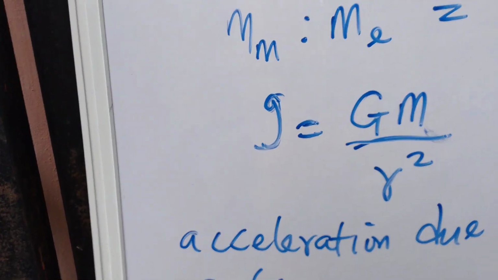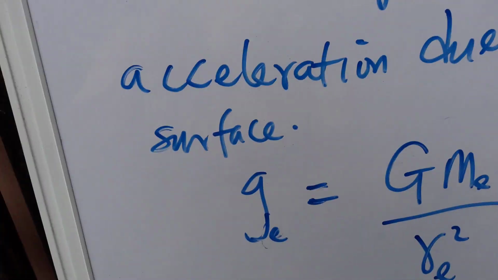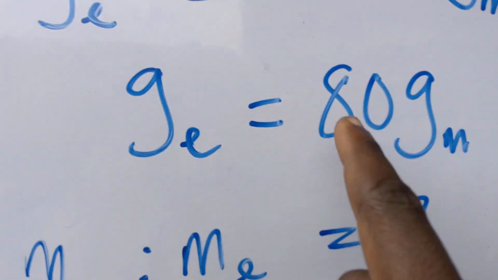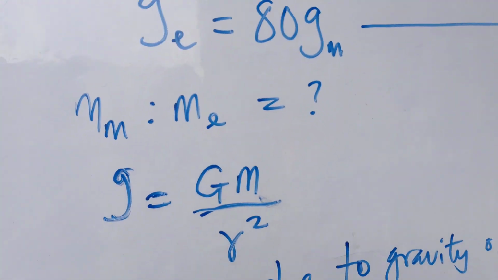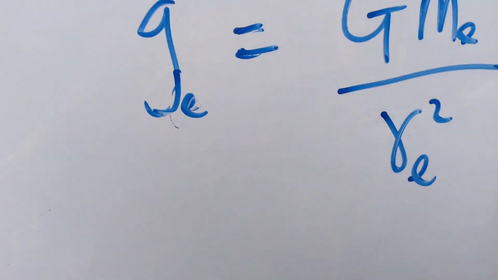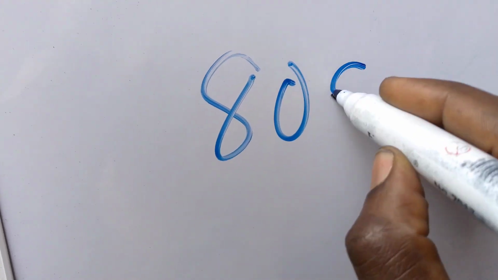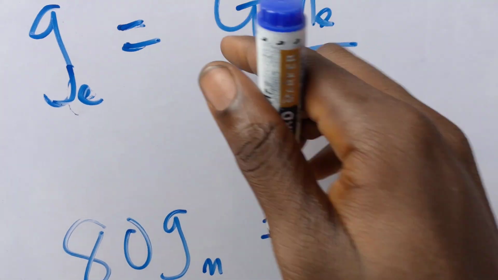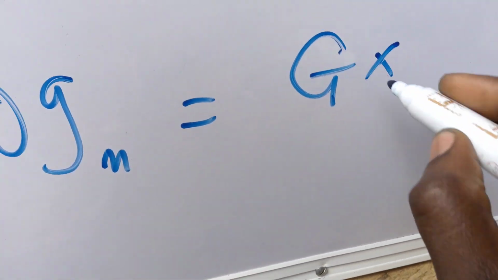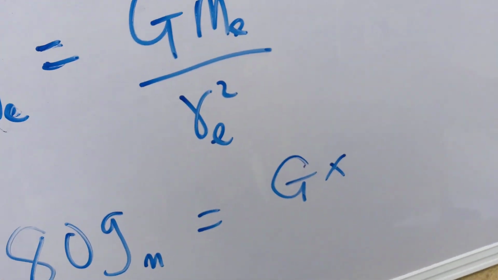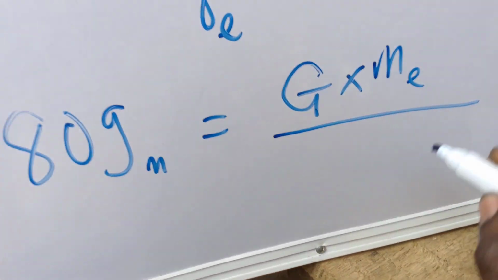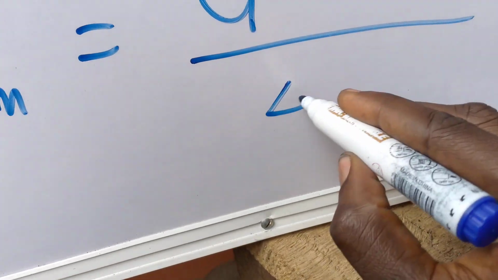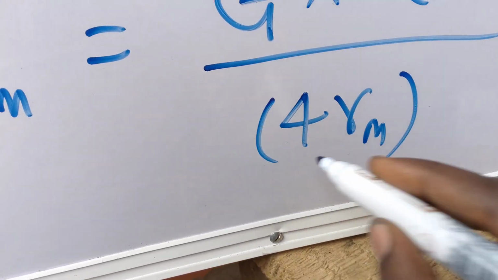Okay, so if I now substitute it here in place of GE, I'll be writing 80 GM. So that means this equation will now change. That is, 80 GM will be equal to capital G times the mass of the Earth over the radius of the Earth, which is now 4 RM, over 4 RM all raised to the power of 2.